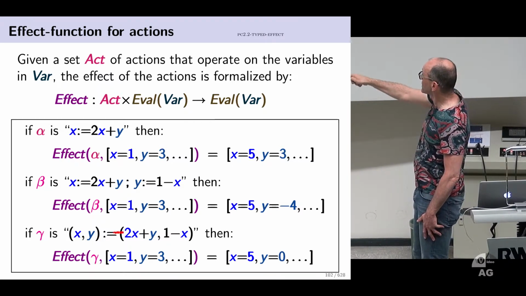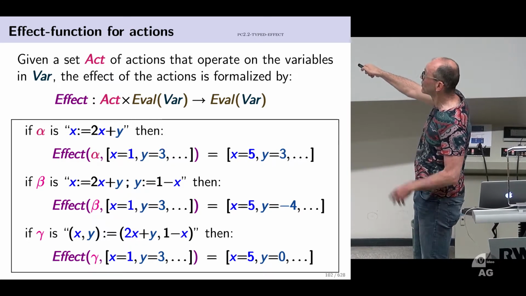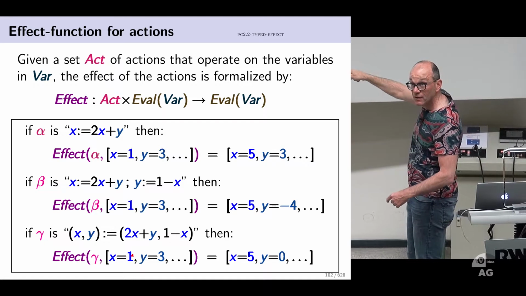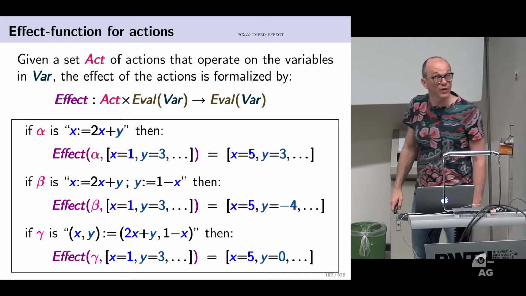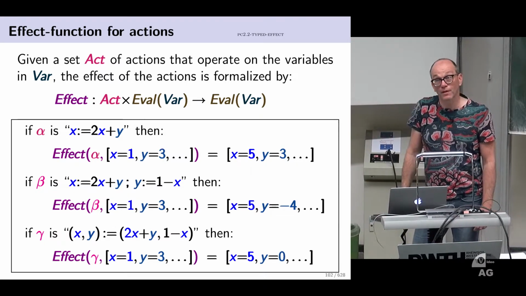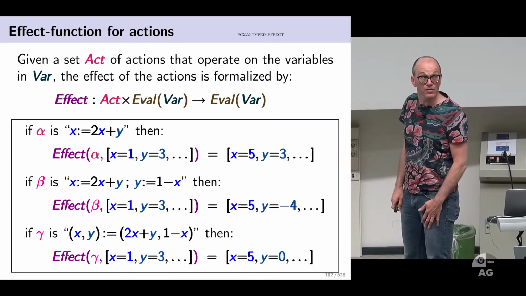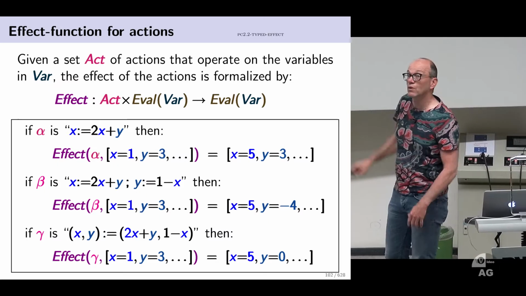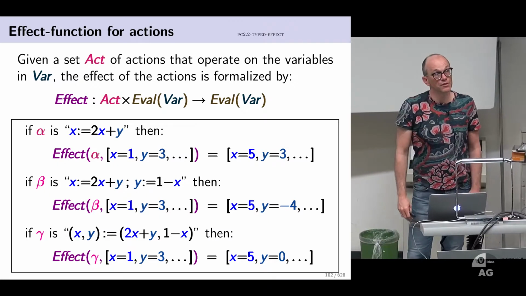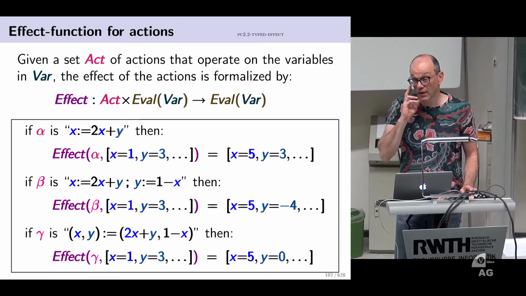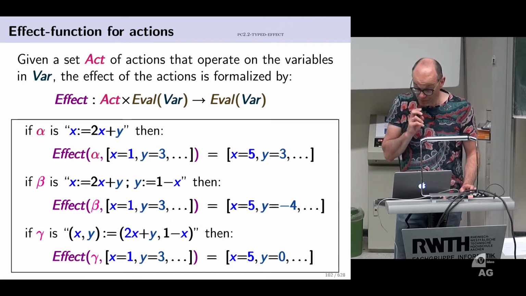But y is now 1 minus x based on the value of x before this assignment, which was 1. And now we get 1 minus 1, which is 0. So I'm going to use this syntax for parallel assignments, and this is sequential assignments. Good. But I hope the principle of this effect function has become clear.